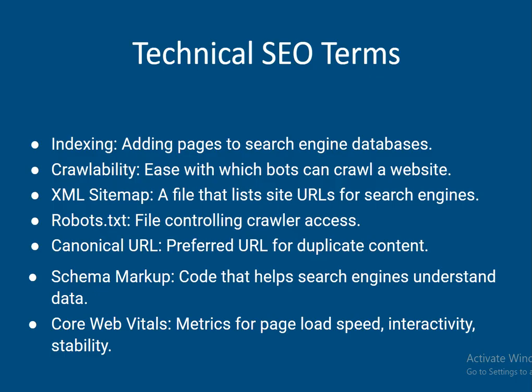Only indexed pages can appear in search results. These three, indexing, crawlability, and ranking, we have seen in our day 2 class, that is yesterday. If you have a doubt, go back to the day 2 video and refer to it so that you will get clarity.